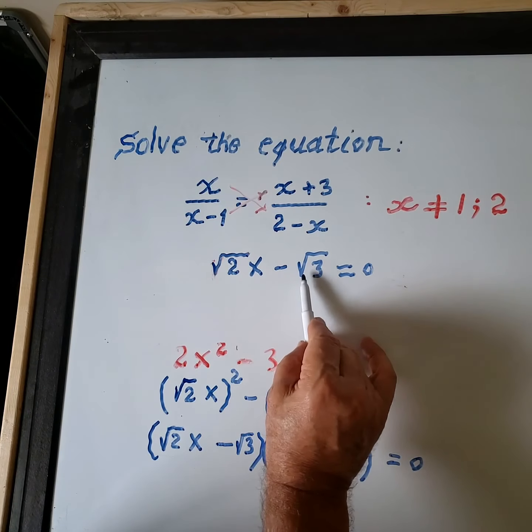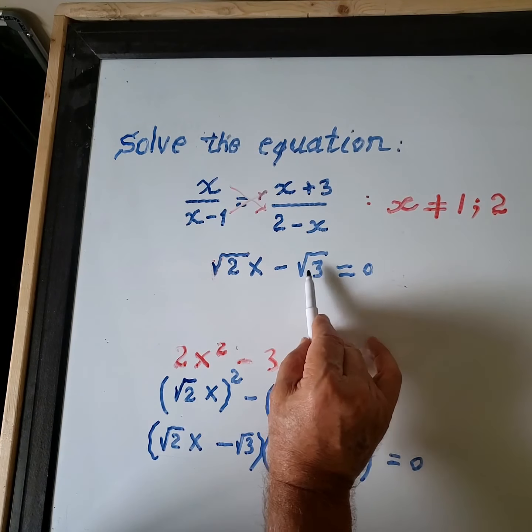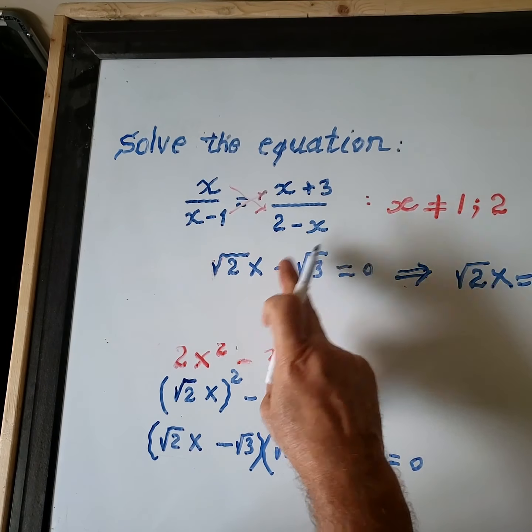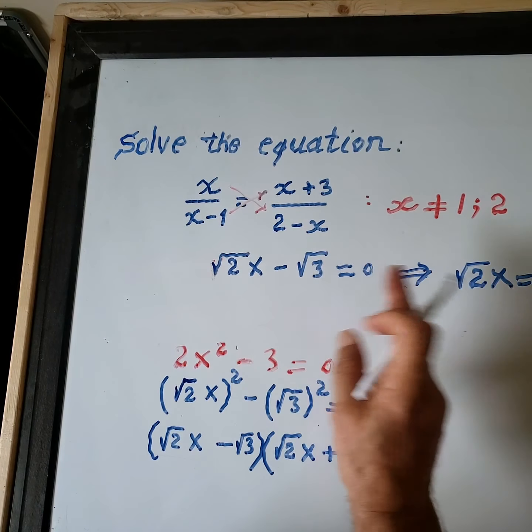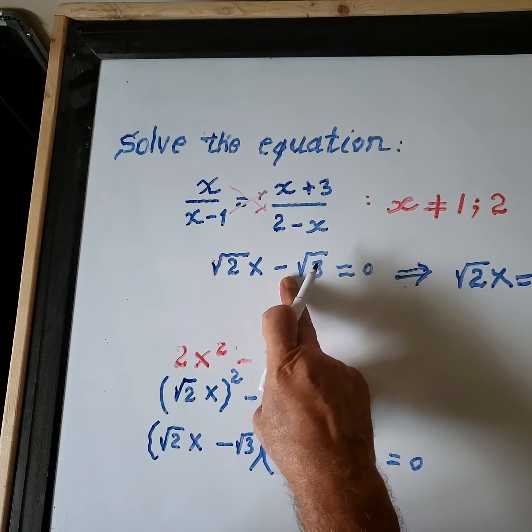In this case we can solve this equation by moving square root of 3 to the other side. So square root of 2 times x is equal to, this one moved to the other side changes its sign, it will be plus, so it will be square root of 3.